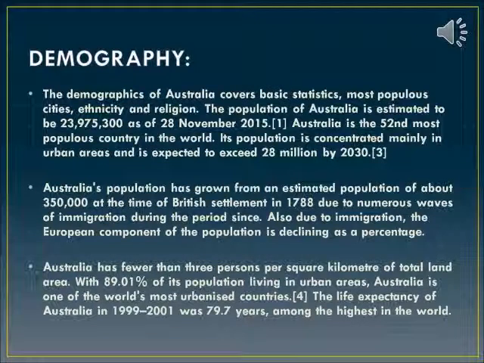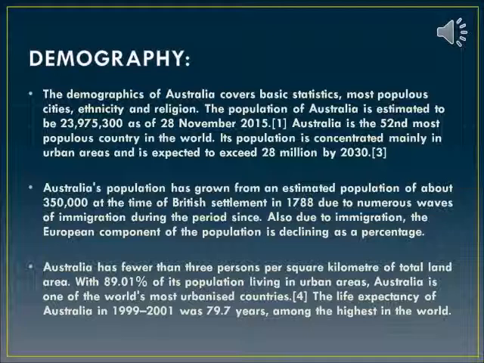The demographics of Australia covers basic statistics, most populous cities, ethnicity, and religion. The population of Australia is estimated to be 23,975,300 as of 28 November 2005.